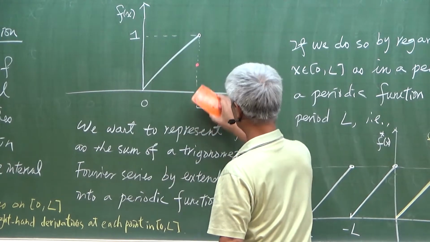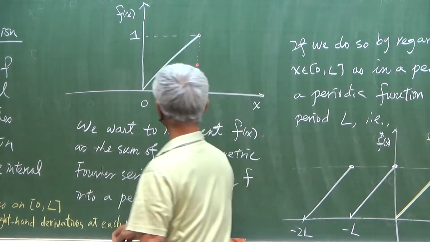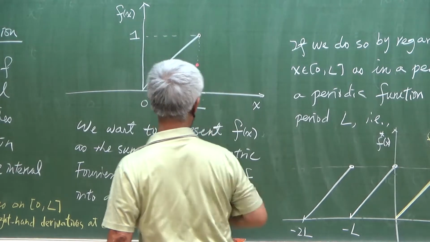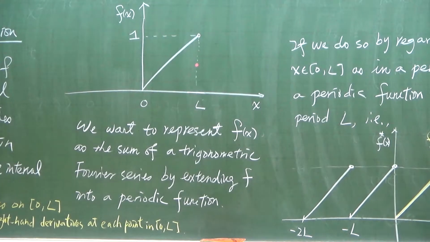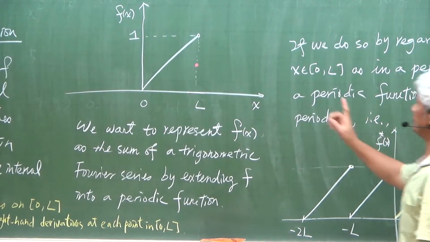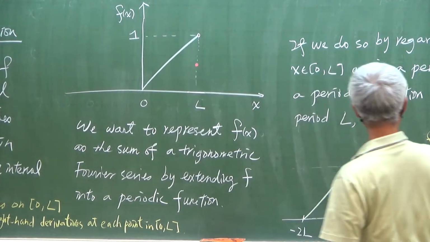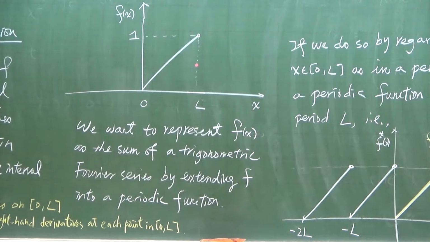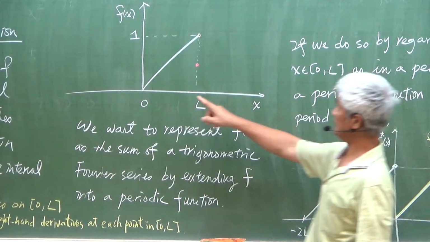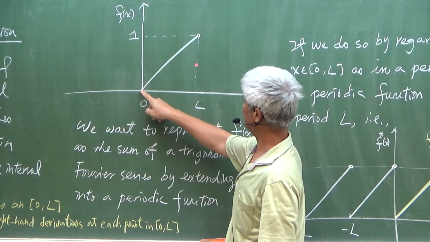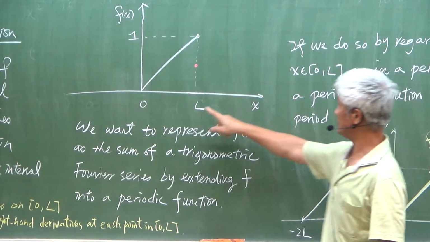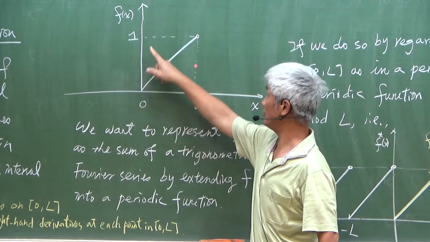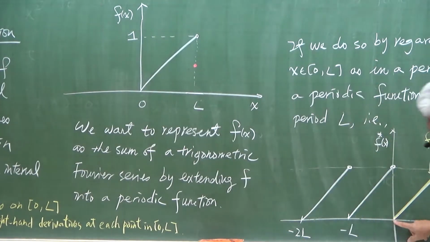Suppose I change my mind. Now you have a contradiction. At 0, f of 0 is 0, so it's fine.